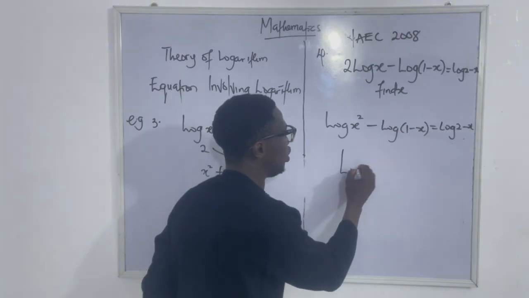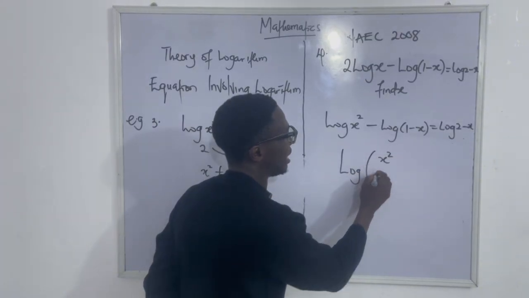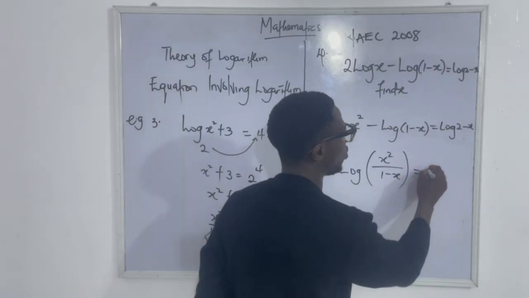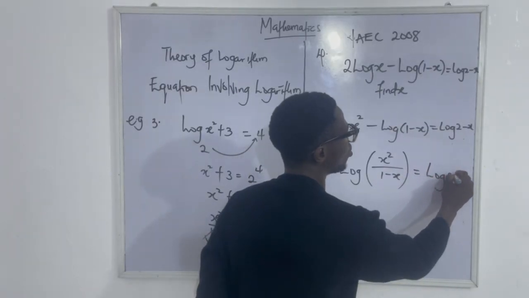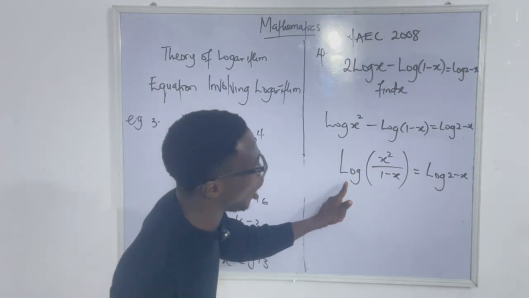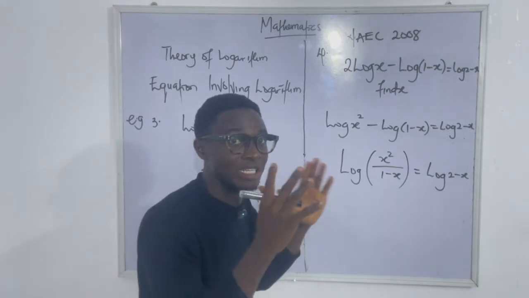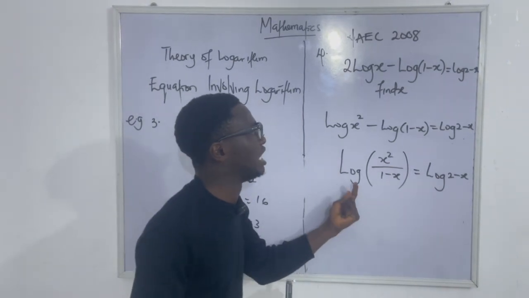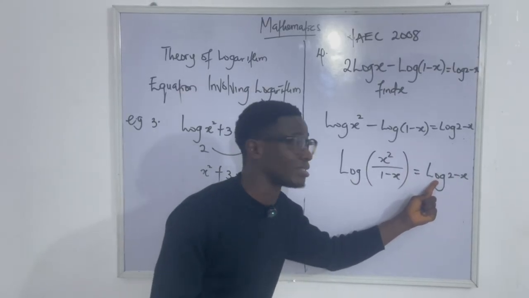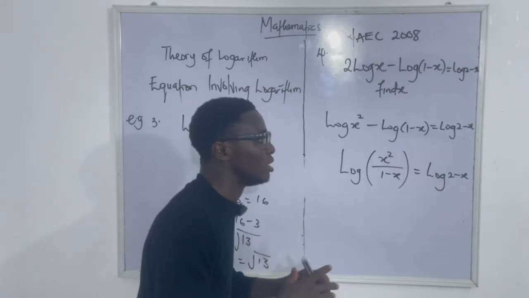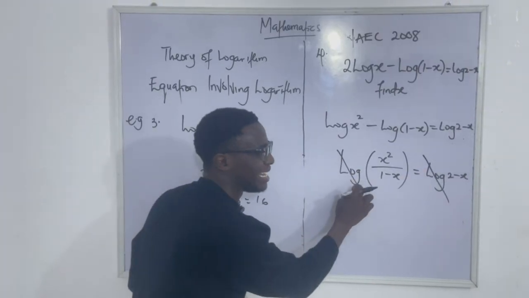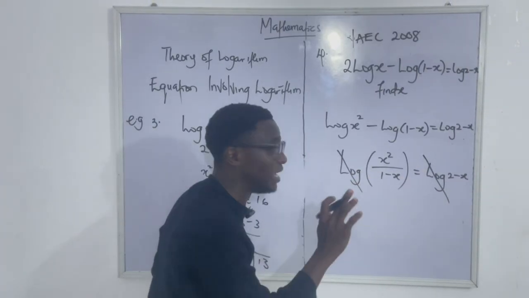So take log x squared as the numerator, 1 minus x as the denominator, equals to log 2 minus x. Now, whenever you have a log at the right hand side and you have another log at the left hand side, what you need to do is to what? Is to eliminate them, provided they are in the same base.